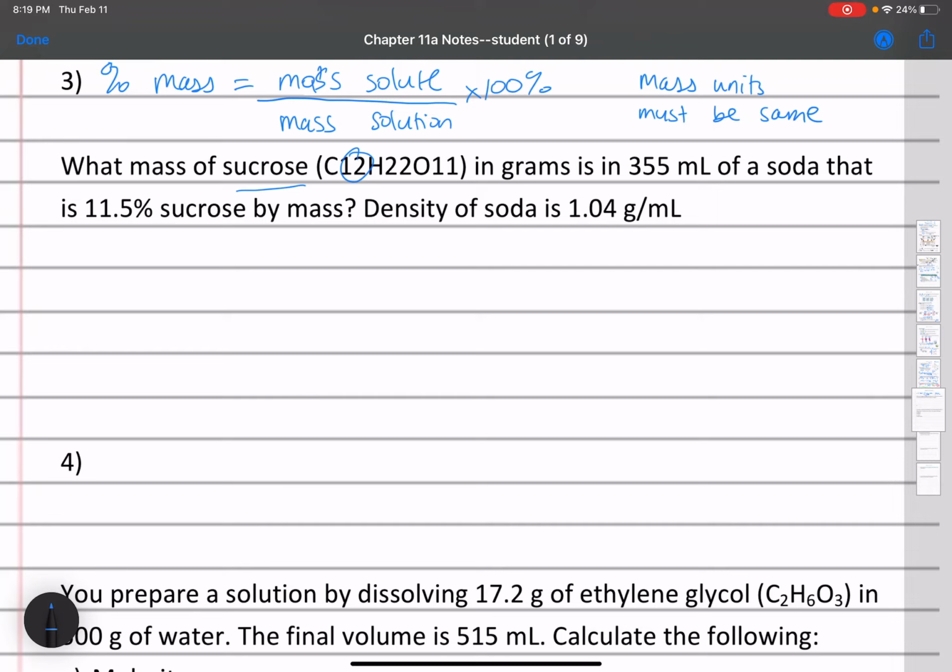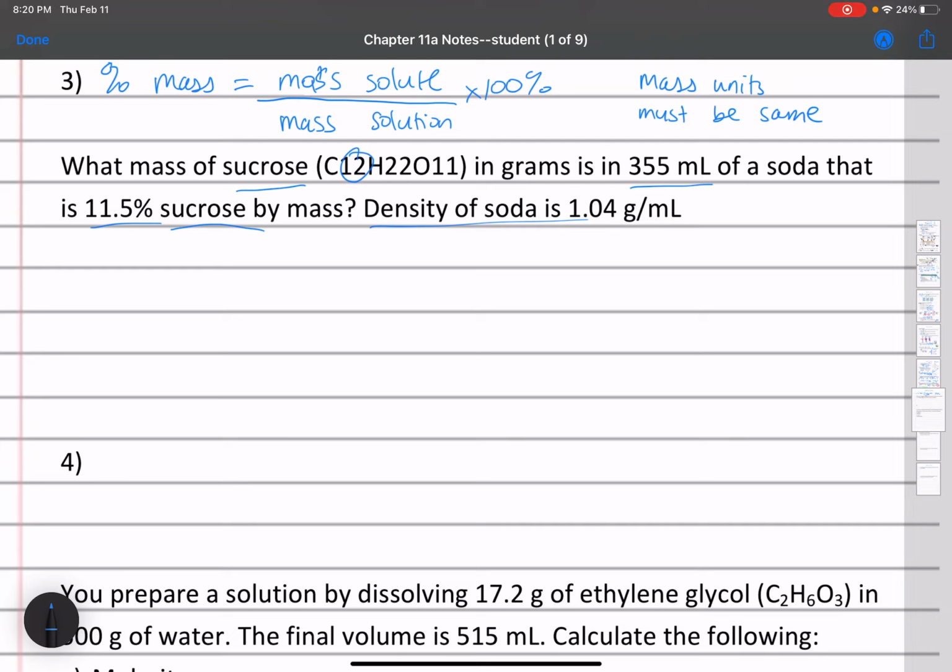What mass of sucrose in grams is in 355 milliliters of a soda that is 11.5% sucrose by mass? And it gives us a density. So it gives us a lot of stuff here. Sometimes it's helpful to start writing out the stuff you have before you necessarily figure out how you want to do the problem.